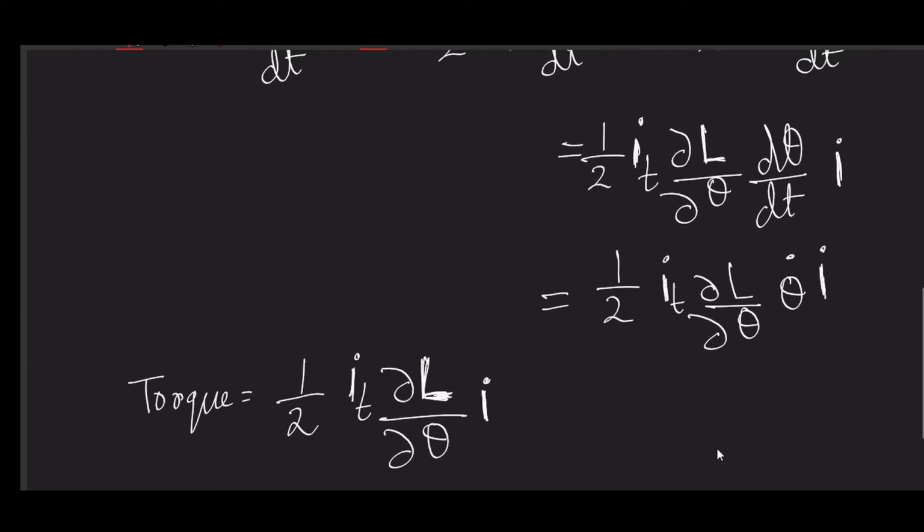Now for a machine with P poles, what you need to do? The power converted would be divided by the mechanical angular velocity. So the mechanical angular velocity will be how much? Theta dot by P. So your torque expression will be P by 2, or any arbitrary number P, right?